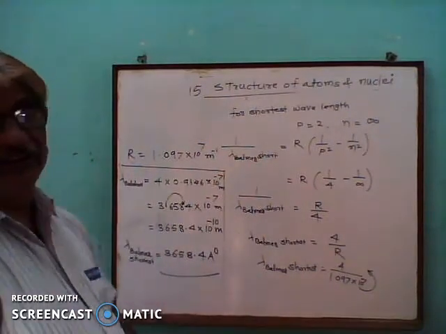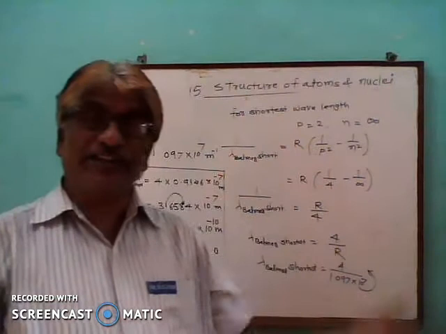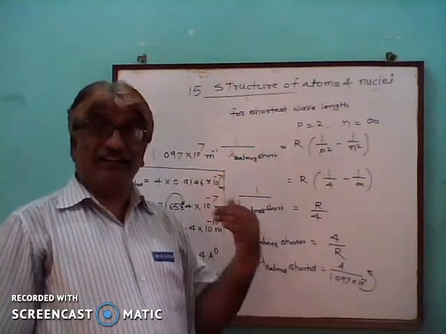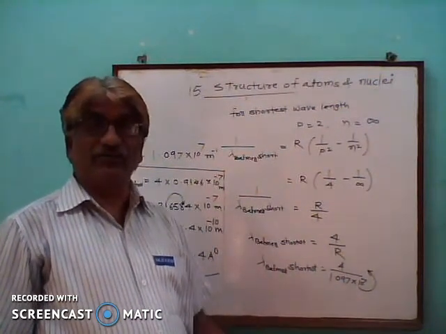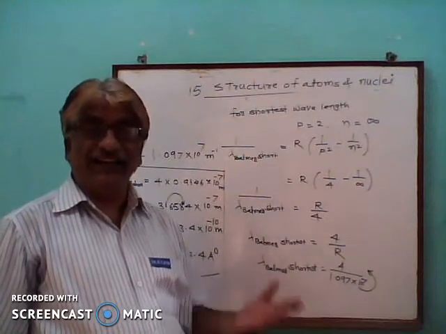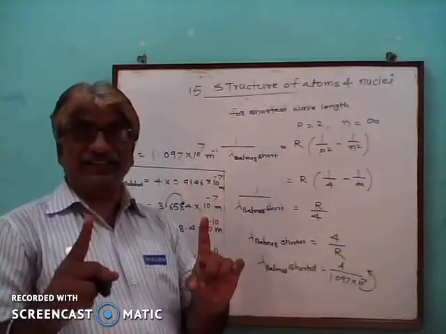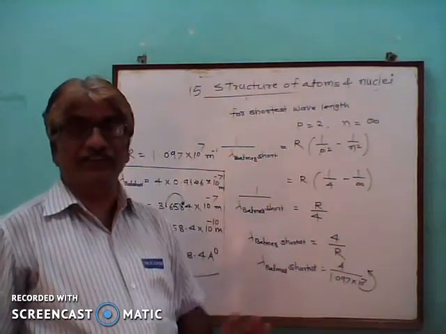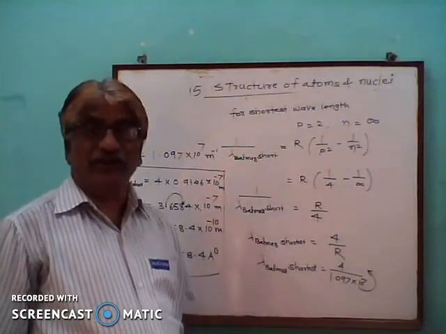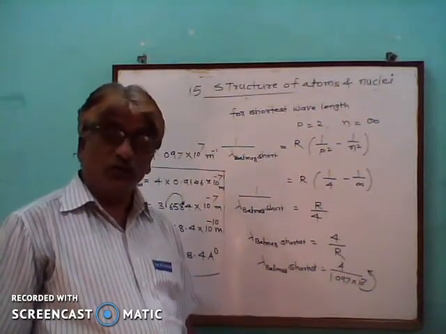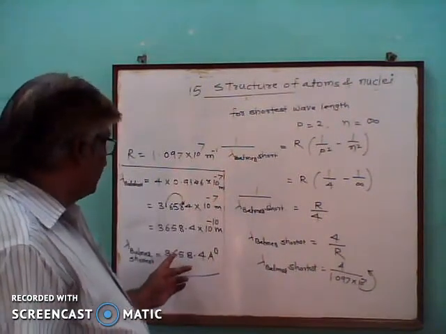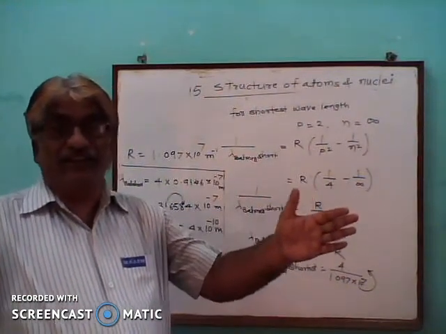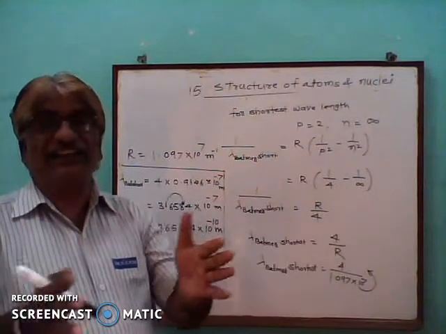And we know that the longest wavelength of the Balmer series, which is the red color of light, is 6588 angstrom unit. Means the Balmer series is visible, and the range of the Balmer series is 6588 to 3658.4, means the series lies in this range.